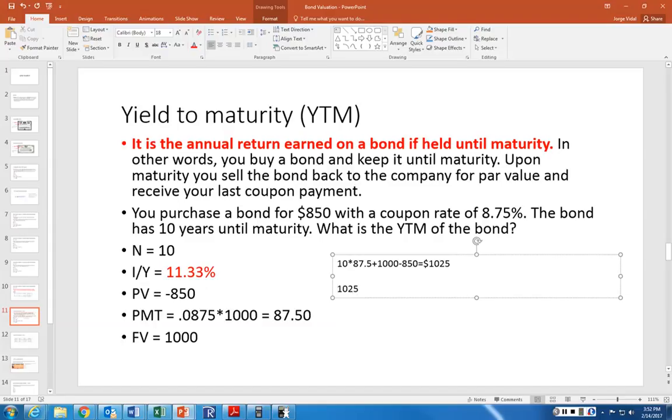Okay. And then if you divide your total dollar return 1,025 by what you paid for this bond, which is 850, this is equal to 1.21, which equals 121%.